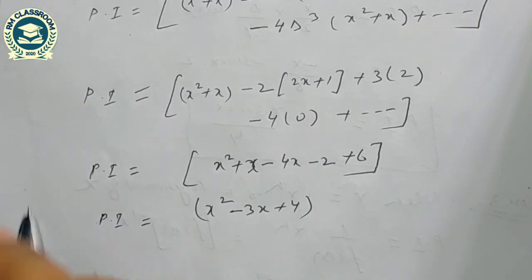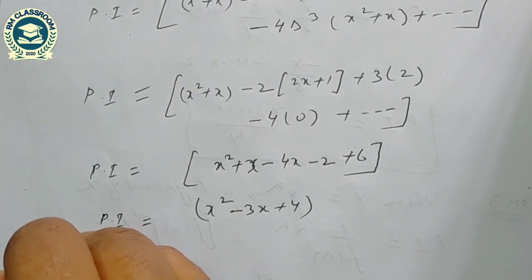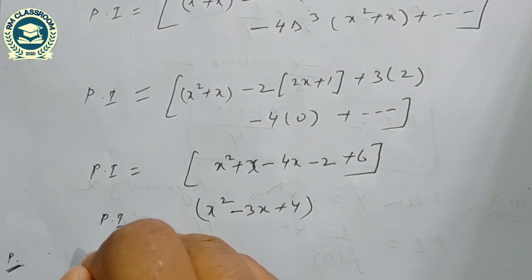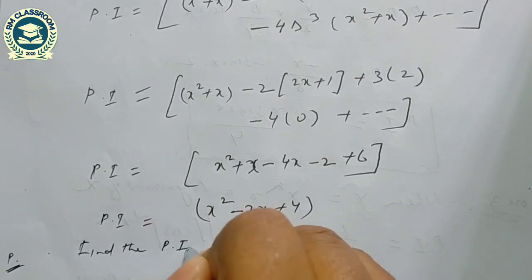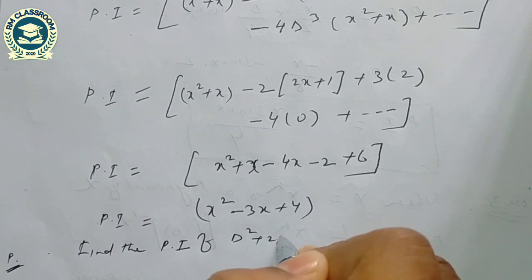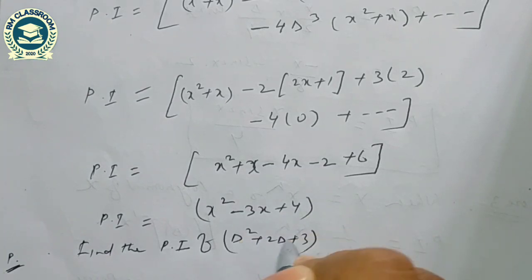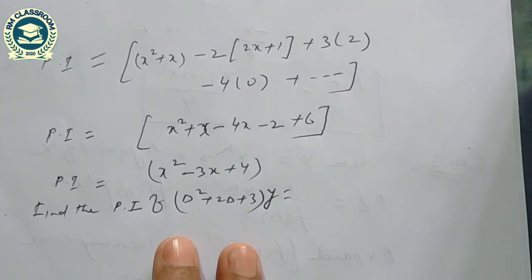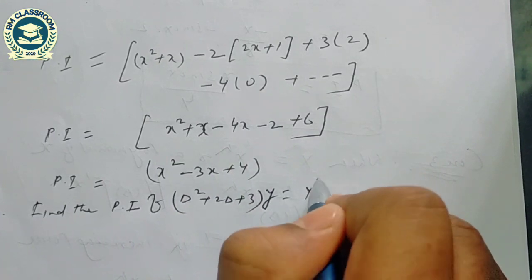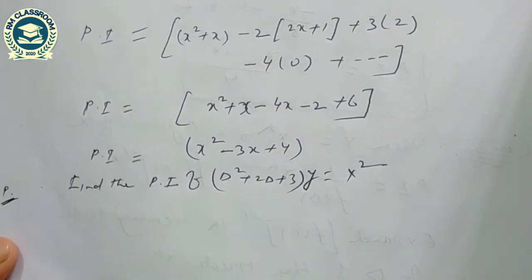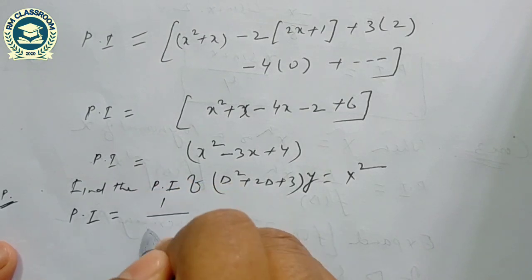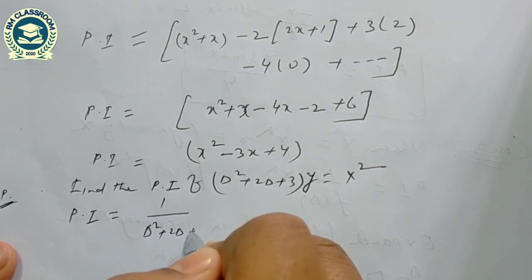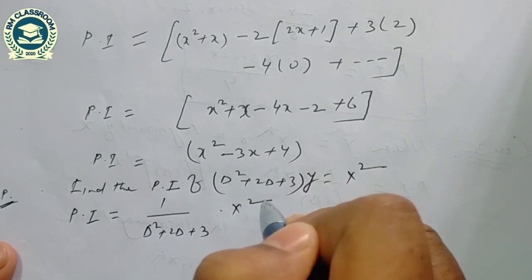Let us take another example on a polynomial function. Find the particular integral of (D square plus 2D plus 3) y is equal to x square. So the particular integral is equal to 1 by (D square plus 2D plus 3) into x square.